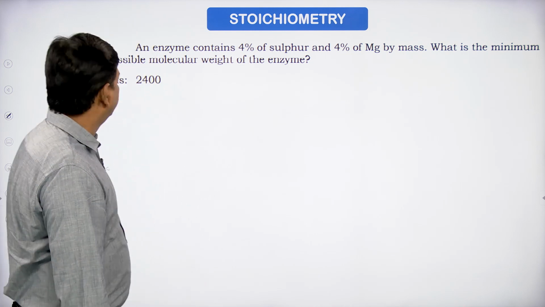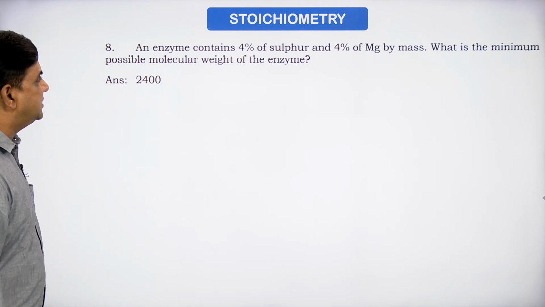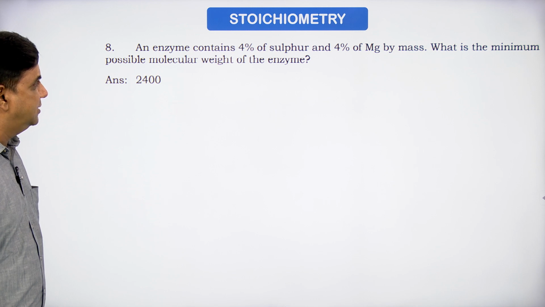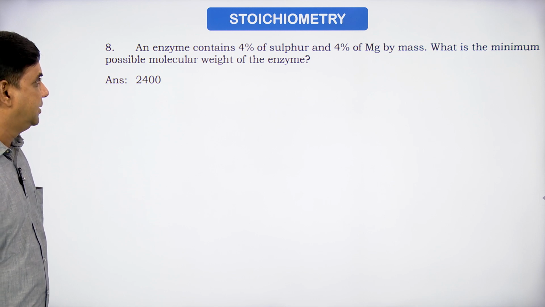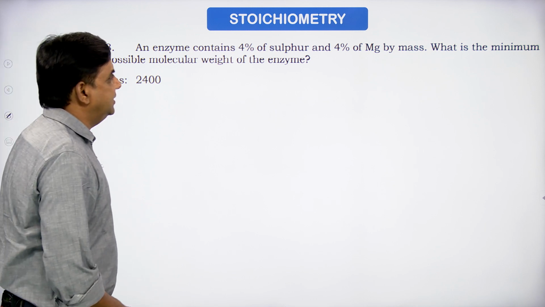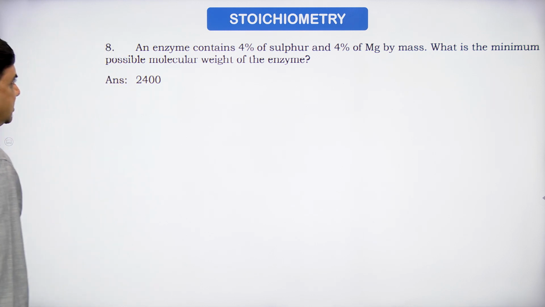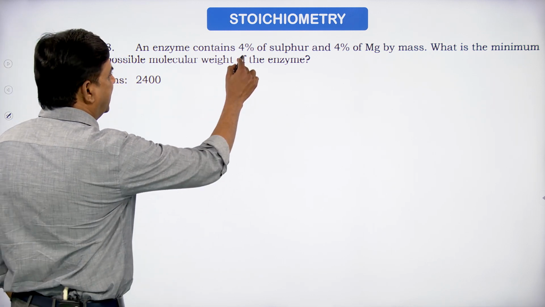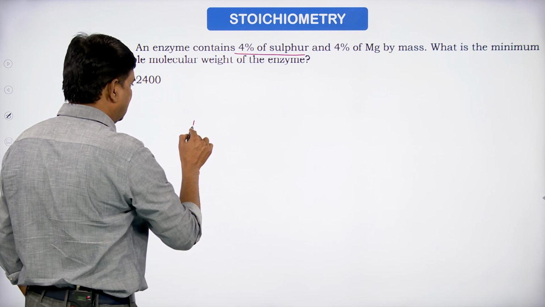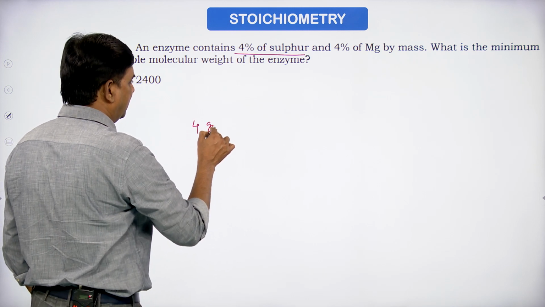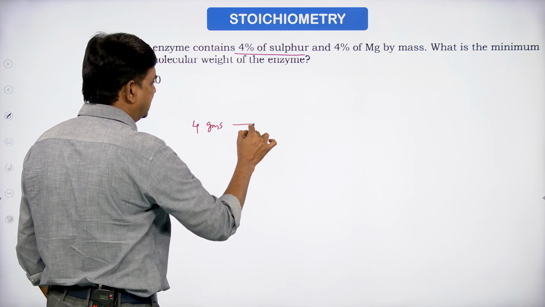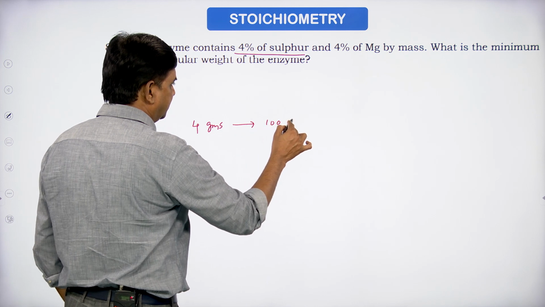An enzyme contains 4% of sulfur and 4% magnesium by mass. This is a very interesting question, students. 4% of sulfur means 4 grams of sulfur is present in 100 grams.